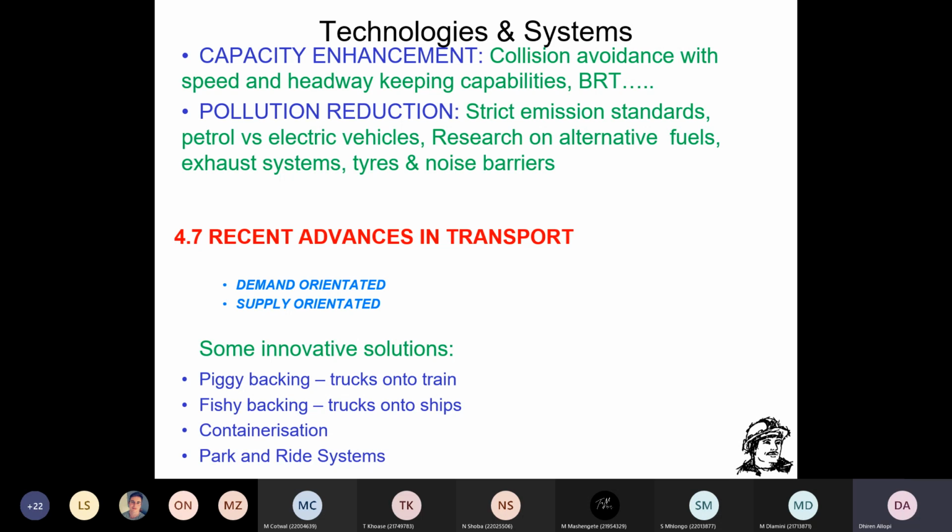Pollution reduction, yes, I mentioned to you that environmental impact assessment is certainly critical. One needs to look at various ways to reduce pollution. And recently there have been strict emission standards. Your petrol motor cars, your diesel motor cars, the emission rate is fairly high. You can pay an additional tax for that.